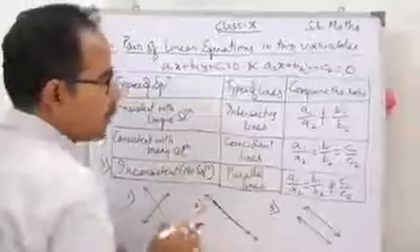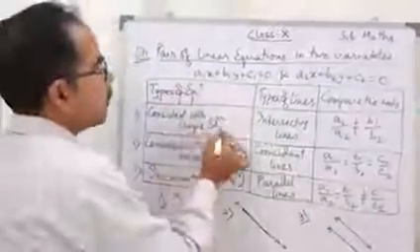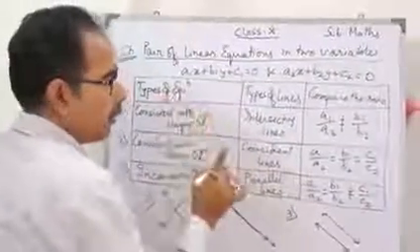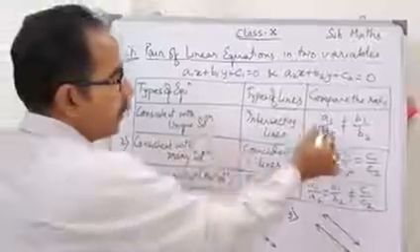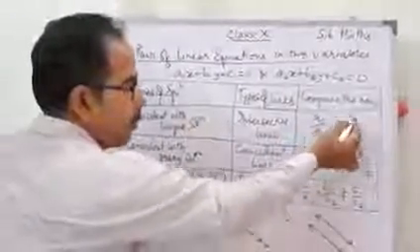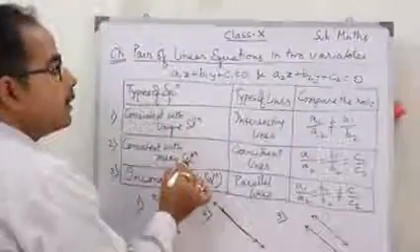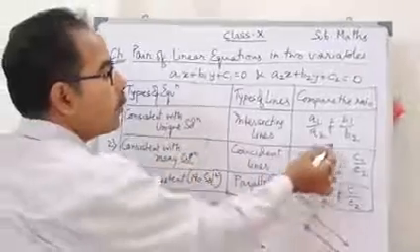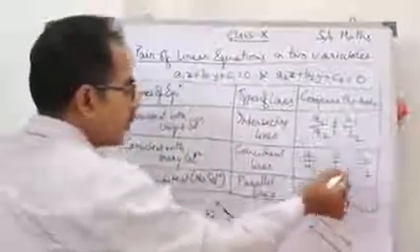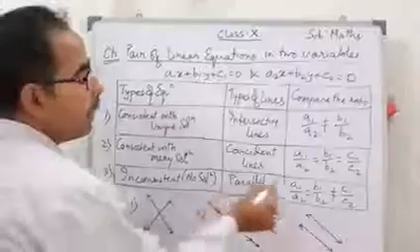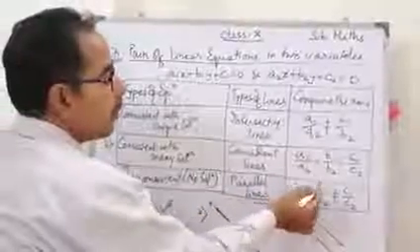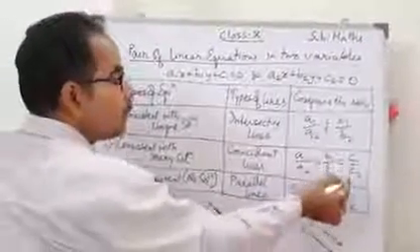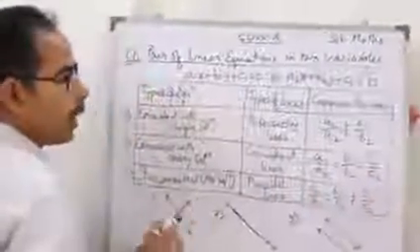So we have to remember: for a unique solution, that means one solution, a1 by a2 is not equal to b1 by b2. For infinitely many solutions, a1 by a2 is equal to b1 by b2 is equal to c1 by c2. And for no solution, a1 by a2 is equal to b1 by b2, not equal to c1 by c2. I hope it is clear.